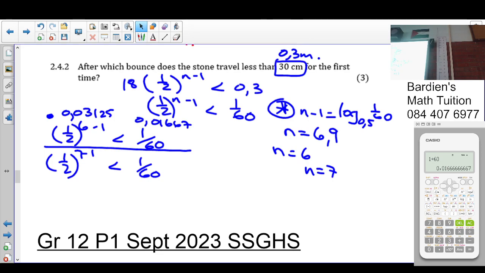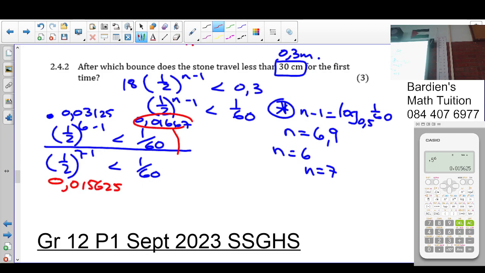So if you now consider 0.5 to the 7 minus 1, which is 0.5 to the 6, there we get 0.01565.